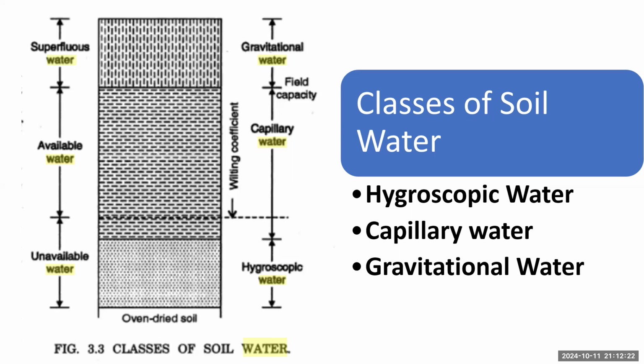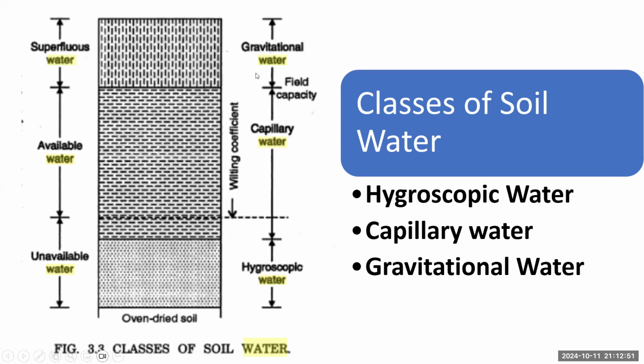If moisture content further reduces below the wilting coefficient, in that case it is called unavailable water. Means that water cannot be absorbed by the roots of the crops. That's why it is called unavailable water. Okay. So available water is the moisture content available between field capacity and permanent wilting point.